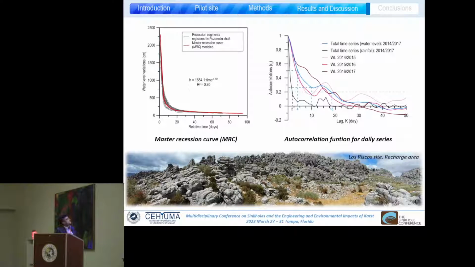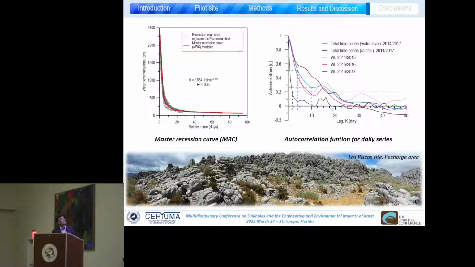Here it's possible to see how the water table variations are really very rapid, as expected in a karstified system like this area. So when we analyze the flow rate using different techniques, spring hydrograph, correlation analysis, or wavelet analysis, we always obtain similar results.